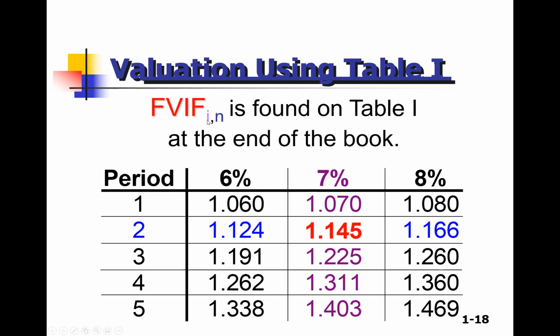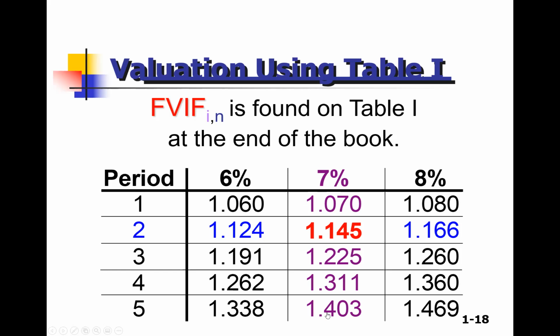So if I is 6 and time period is 1, then this is the value of the future value interest factor. If I is 7 and time period is 1, this is the value for the future value interest factor at 7% interest rate and for the first time period. For the second time period, 7% interest rate and 2 time periods, it would be 1.145.